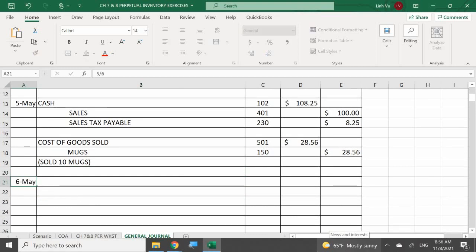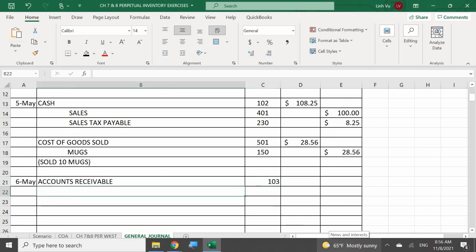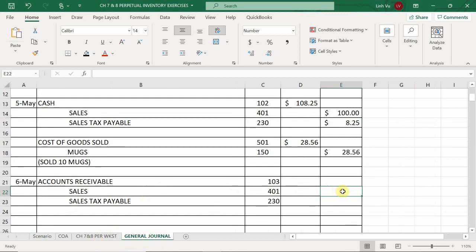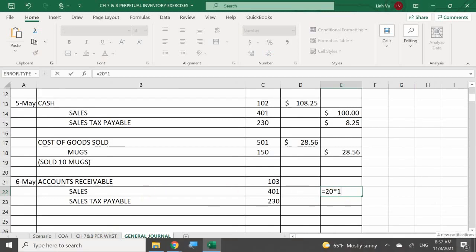So on May 6th, we sold it on an account. So we should recognize that instead of getting cash, it's going to be accounts receivable. Okay. Right? You recognize that we had a sale and that we charged sales tax. Now, if I sold 20 mugs at $10 each, how much is going to be my total sales? 200, right? 20 times 10, 200.